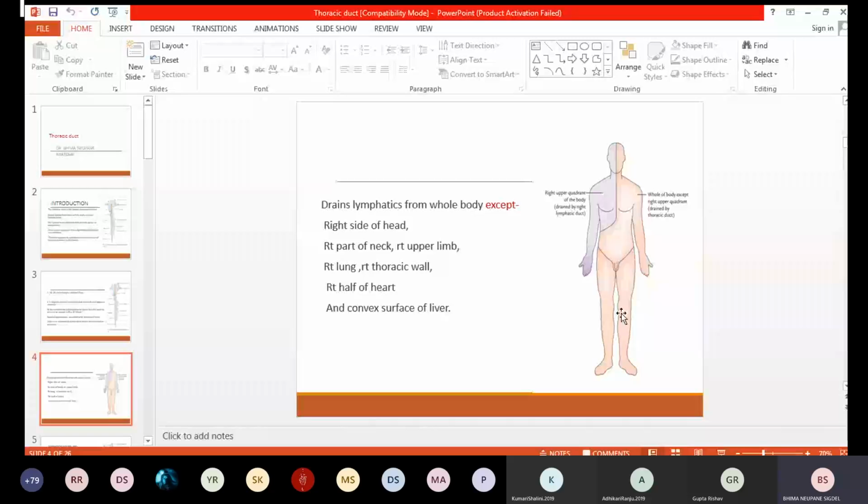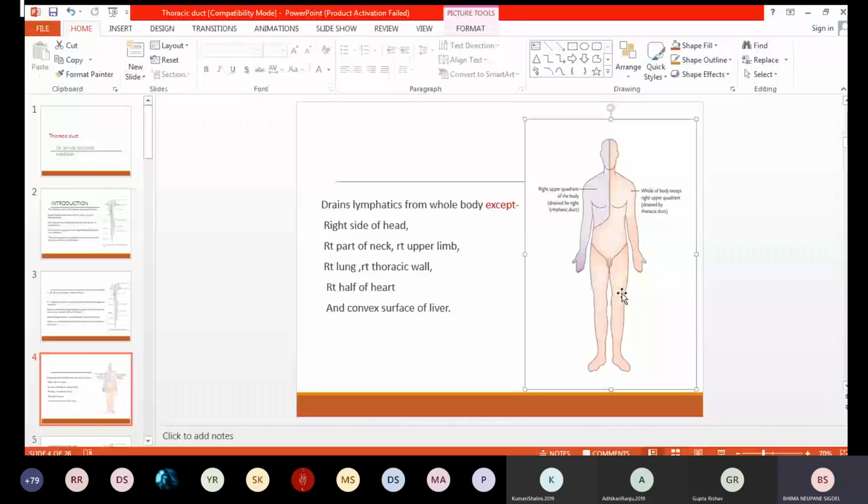So this pink structure, every part except the bluish color, is drained by the thoracic duct. Okay, so all these parts you can see: from the lower limb, that is the left lower limb, right lower limb, abdomen till this area, and then the chest wall, left upper limb, the anterior chest, posterior wall, and this part of the head and neck.